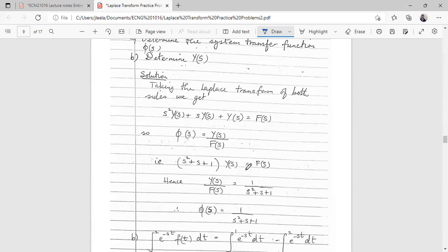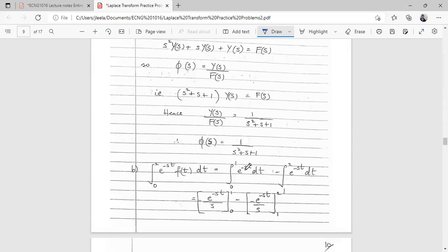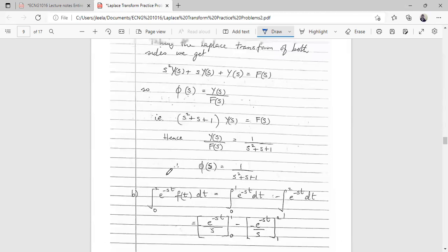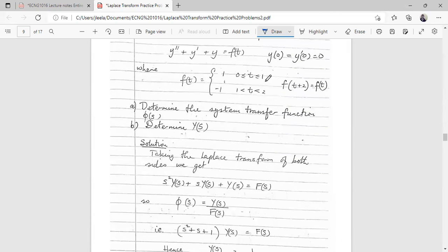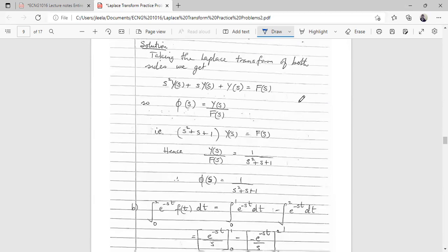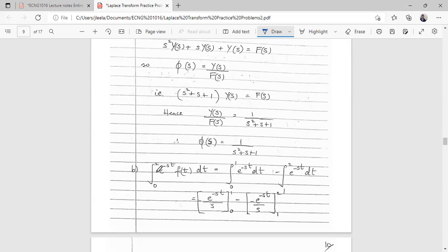So part B, you want to find F(s), right? Remember, this function is defined only between 0 and 2 because it's periodic with period 2. So you're taking the integral between 0 and 2 of e to the minus st times f(t).